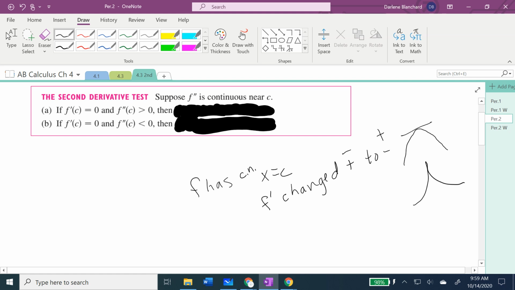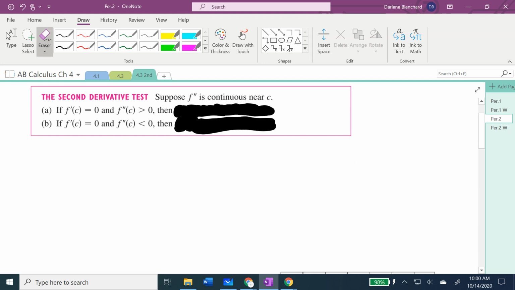Second derivative test is still trying to determine, do you have a relative maximum or a relative minimum? So the second derivative test starts off with, first of all, it's saying that f double prime is continuous near c. Now, this first bit says if you know at c your derivative is 0.